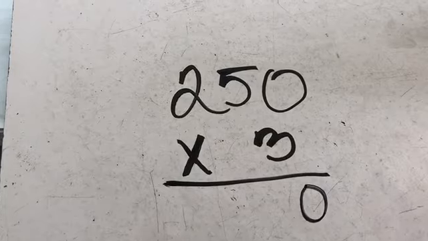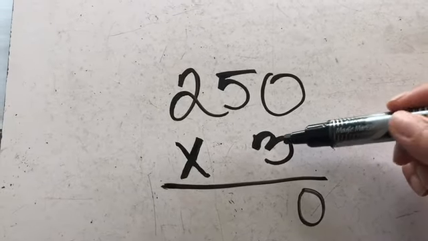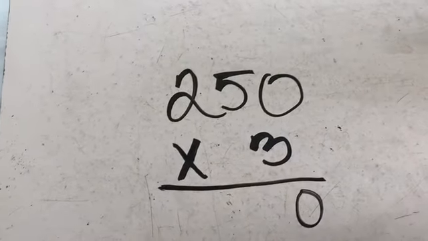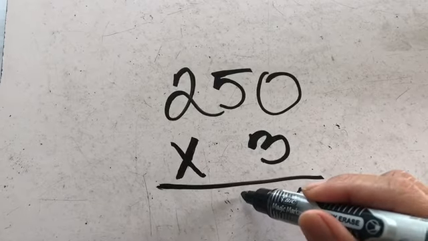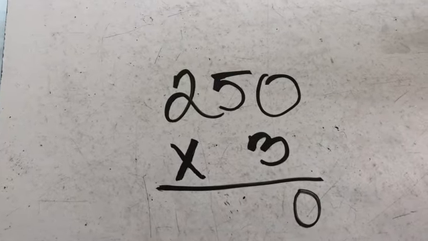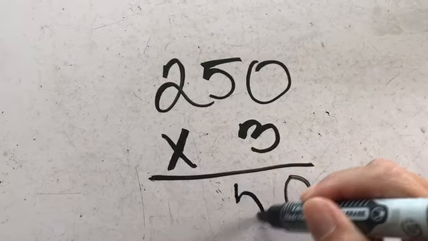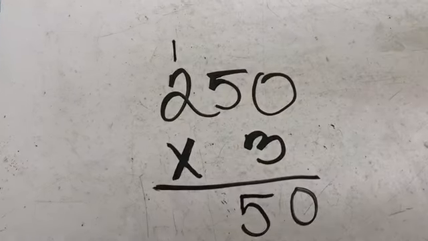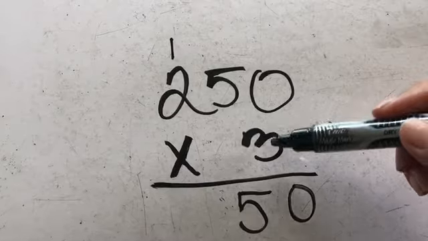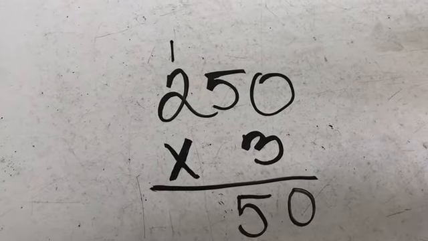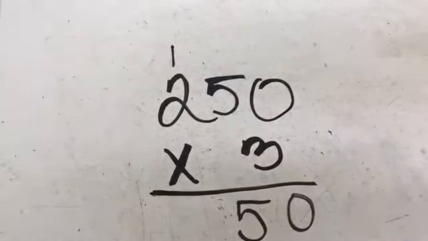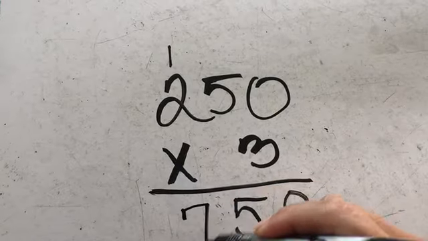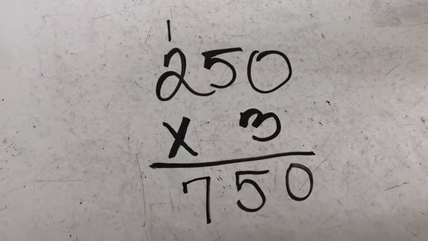Then we multiply the 3 times the 5. 5 times 3 is 15. We put the 5 down below and put the 1 up top. 3 times 2 is 6, and then we add the 1, and we get 750.